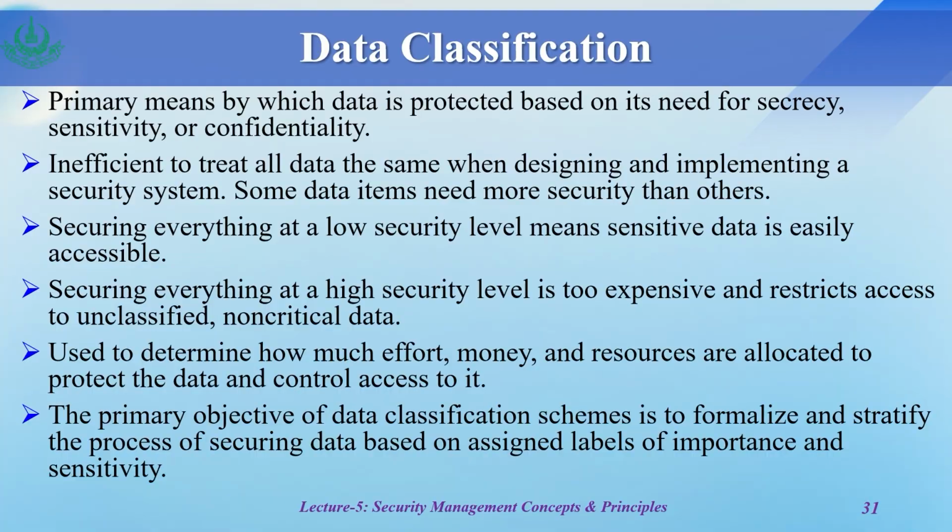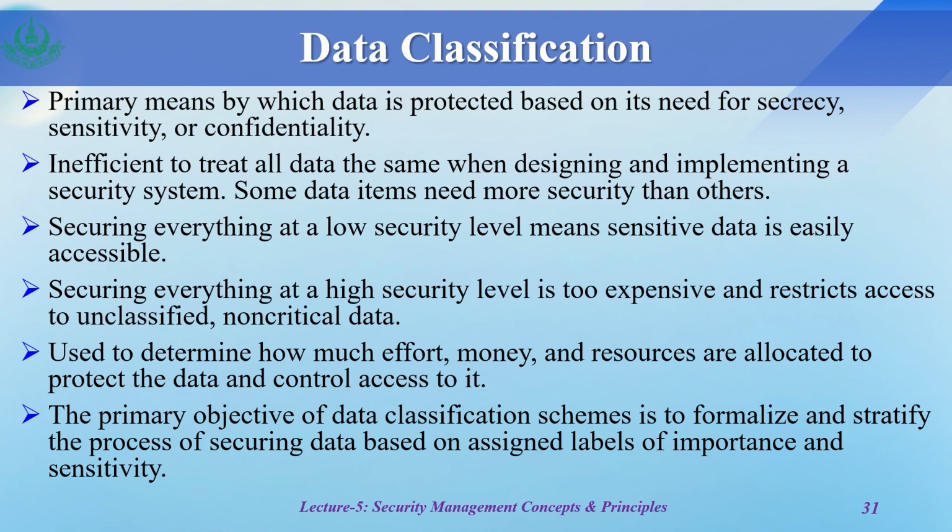Next is data classification. It is primarily the means by which data is protected based on its need for secrecy, sensitivity, and confidentiality. It is inefficient to treat all data the same when designing and implementing a security system.